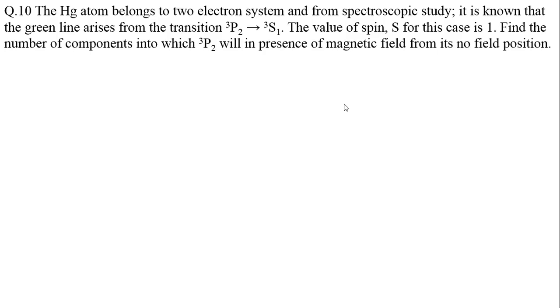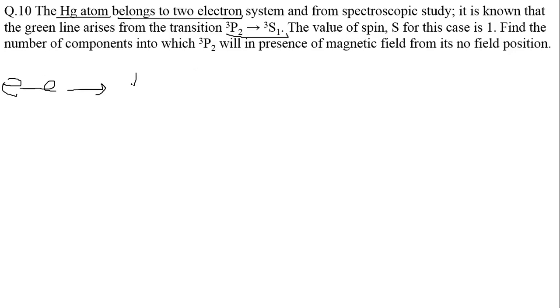So the question is a bit longer. What is the question? We know that the mercury atom belongs to the two electron system. So for the two electron system, the transition is 3p2 to 3s1. Here the value of spin is 1. So there are two electrons.